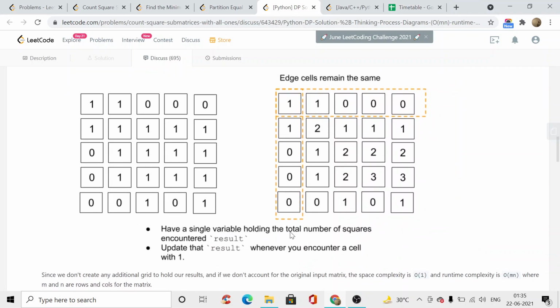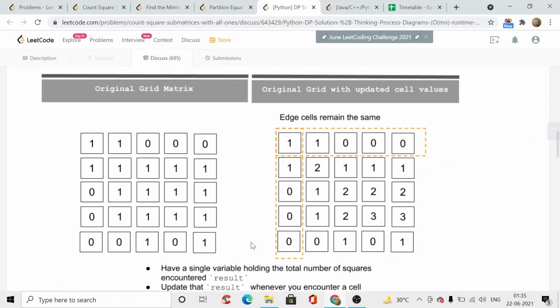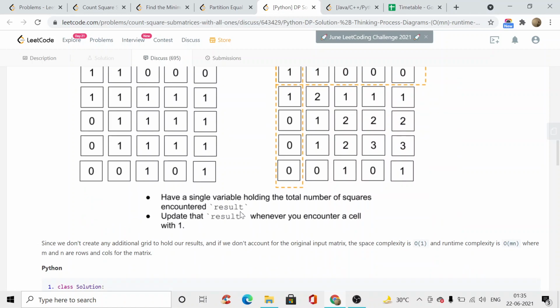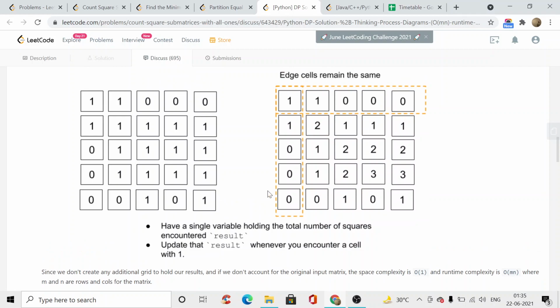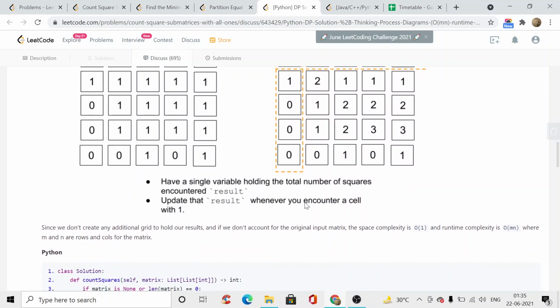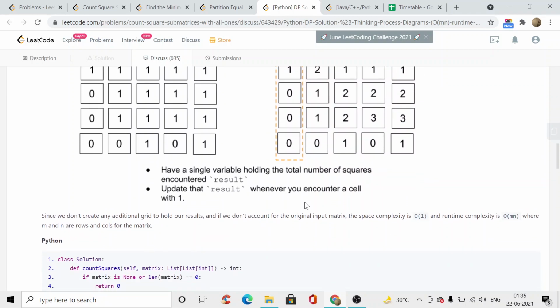Having a single variable holding the total number of squares encountered, the result. So is it the sum of everything? Update the result whenever you encounter a cell with 1.